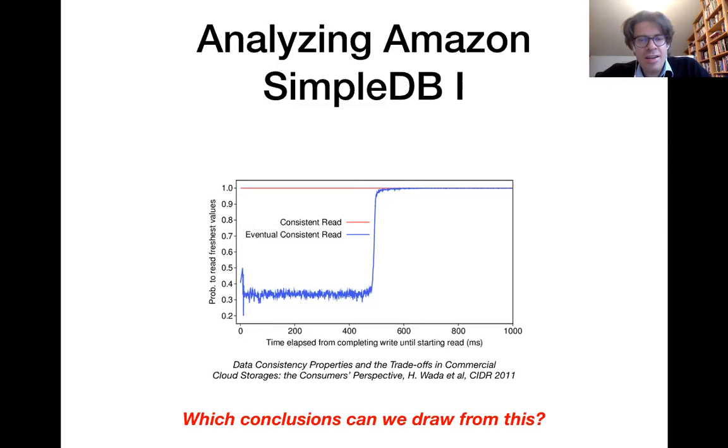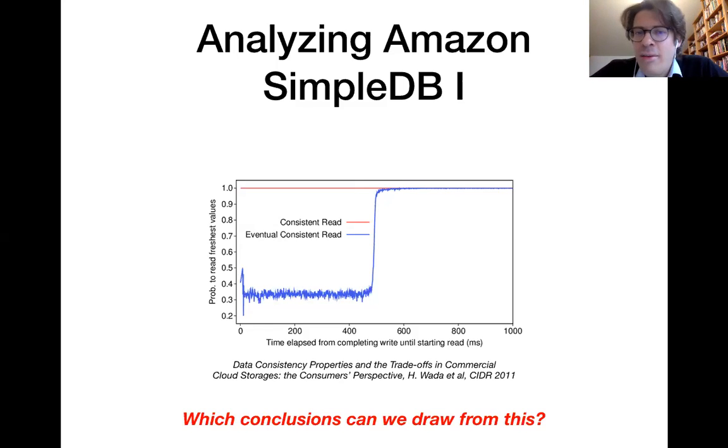As you see here, after about 500 milliseconds, there is a jump from about probability 33% to probability 100%. Does anyone have a suggestion about how the underlying system could be set up?